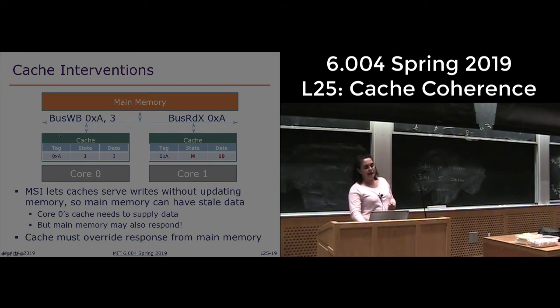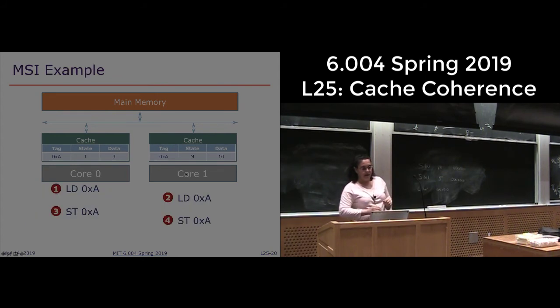Instead, the one that has the most recent value, the one that's in the modified state, is actually going to respond to any processor read request that shows up on the bus, okay? It's kind of like a race condition, but essentially the response from the cache is going to come back faster than the response from memory, and so the other cache is going to see the value that's in the cache in the modified state, and so it'll get the correct updated value. All right.